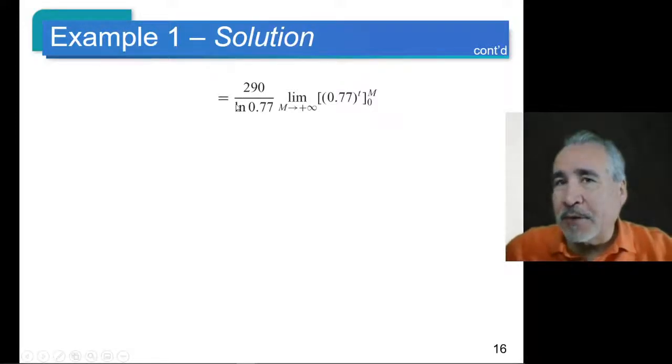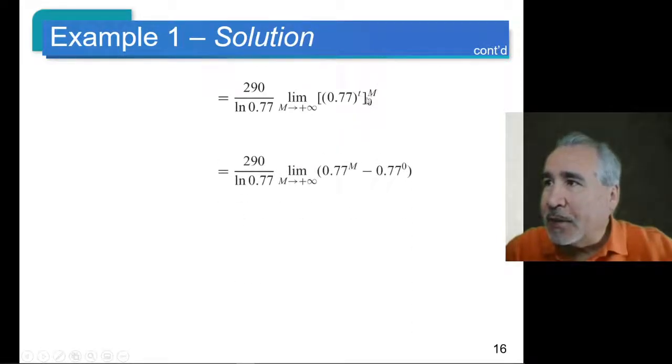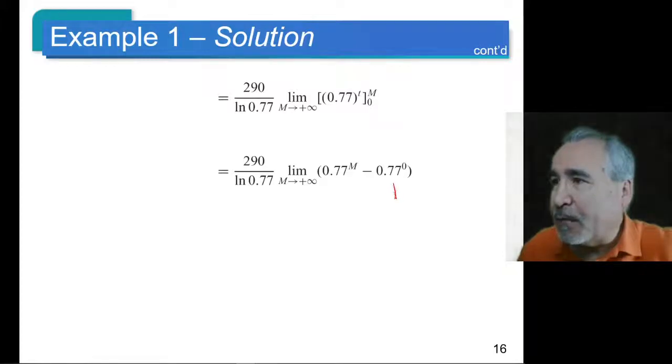This is just a number, and we'll actually calculate it. This is going from 0 to m. So you plug in m for the exponent here, and 0 here. Anything to the 0 power is 1, so this part's going to become 1.